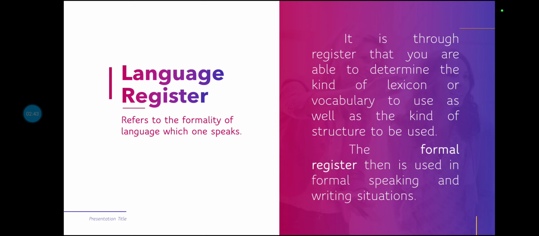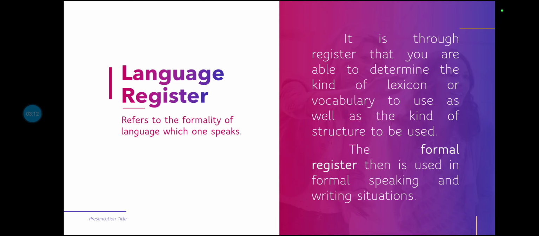So again, we have another definition to deepen our knowledge of language register. When we say language register, this refers to the formality of language which one speaks, according to a certain author. So it is through register that you are able to determine the kind of lexicon or vocabulary to use, as well as the kind of structure to be used.